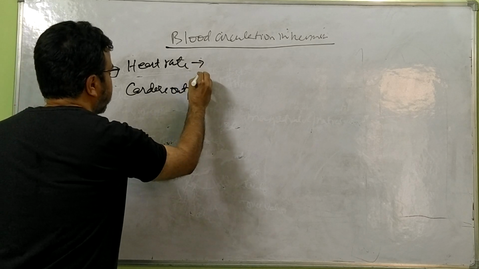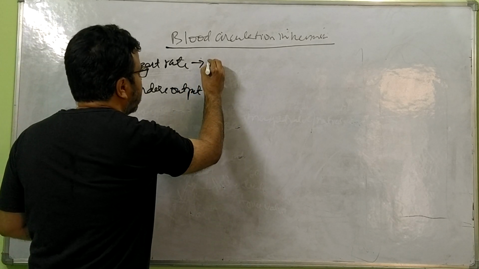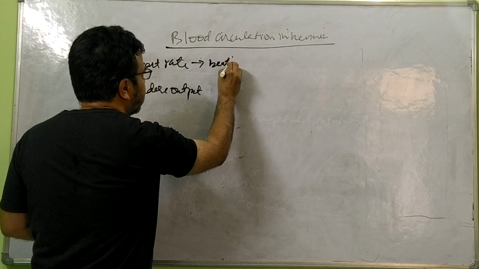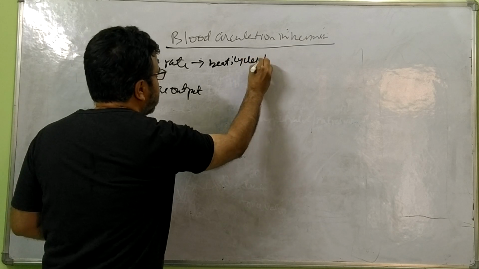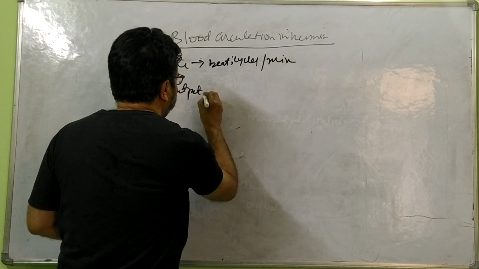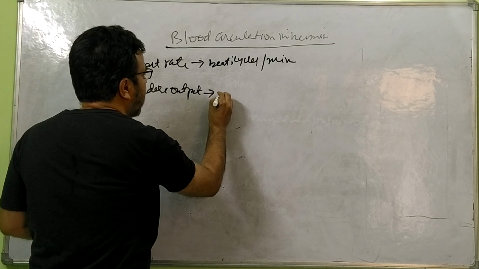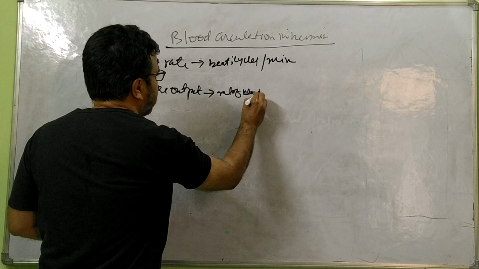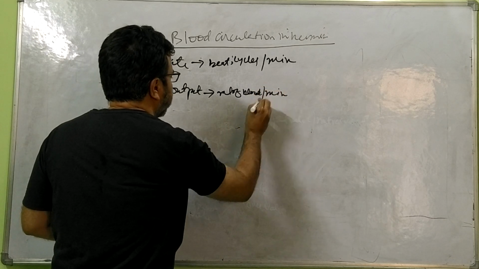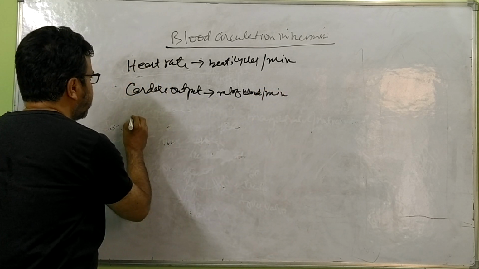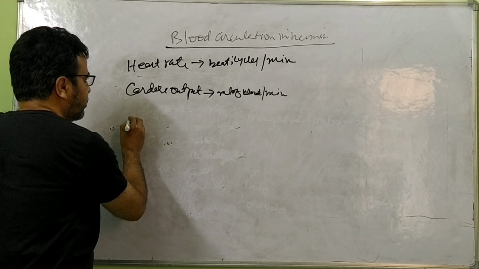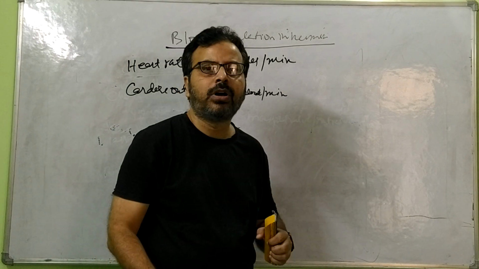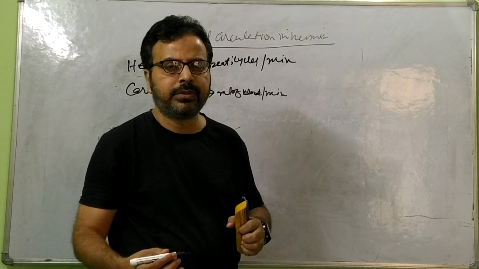So heart rate is expressed as the number of beats or number of cycles per minute, and cardiac output is ml of blood pumped per minute, and this ml of blood pumped by each ventricle per minute is actually called cardiac output.